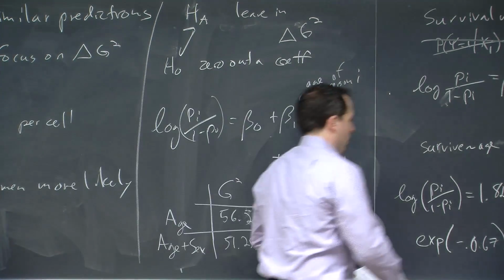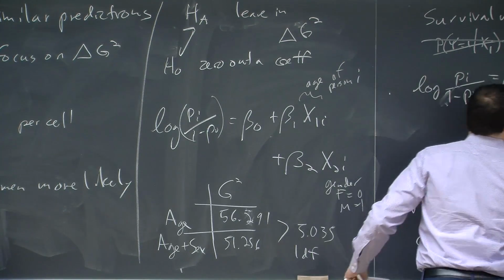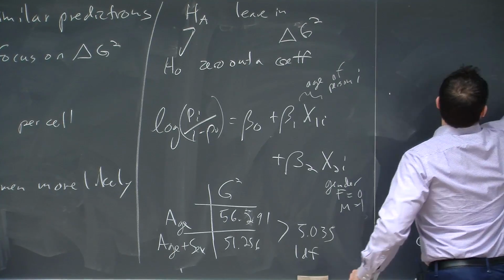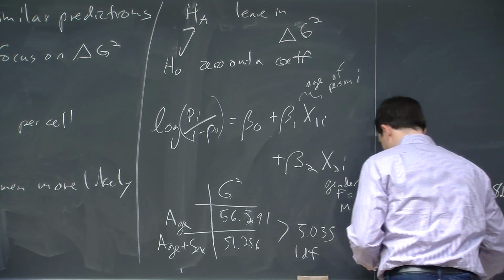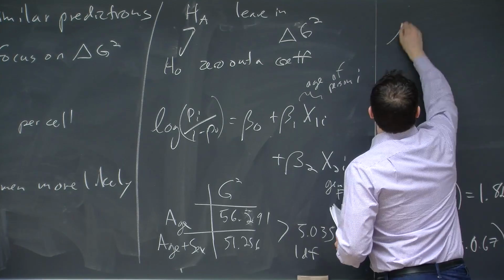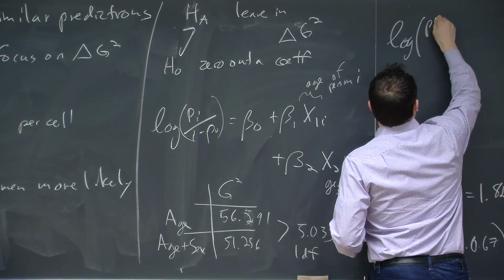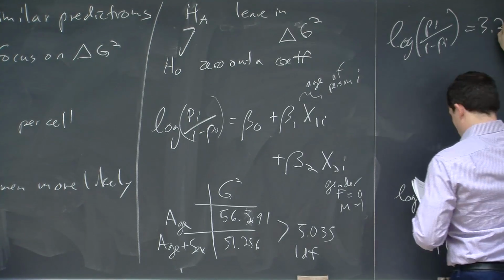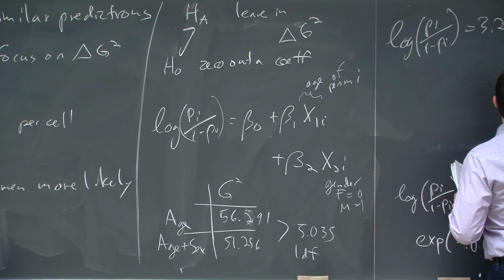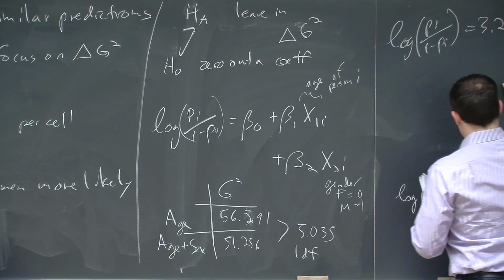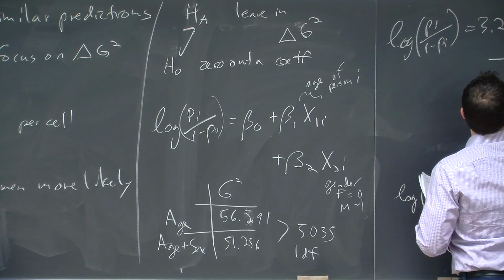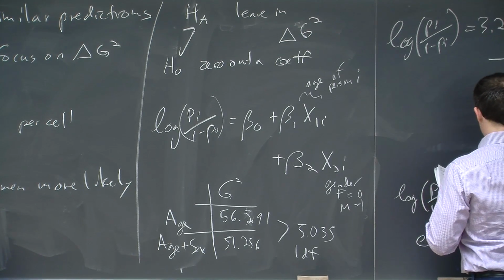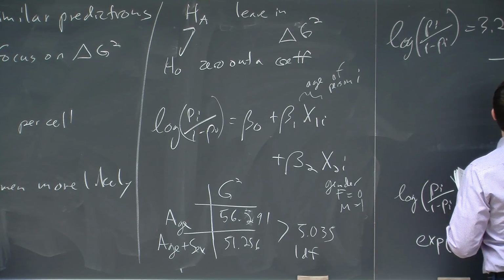And then if we fit that model, let's see what that looks like. So that one looks like log of pi over 1 minus pi. It's 3.2 minus 0.08 age minus 1.6 gender.